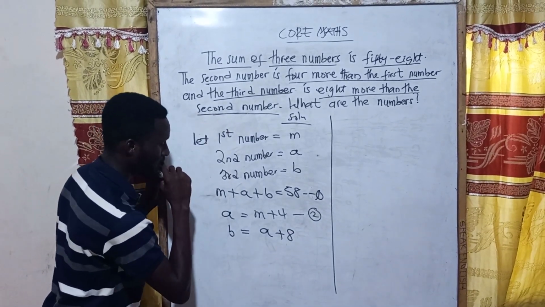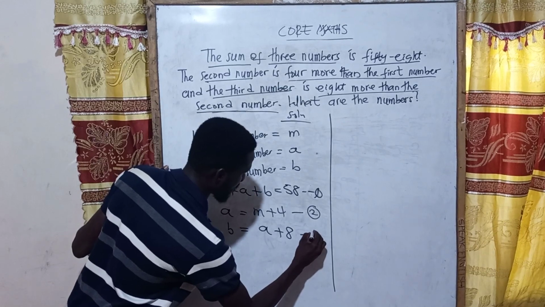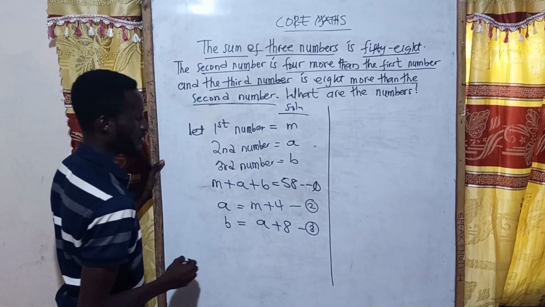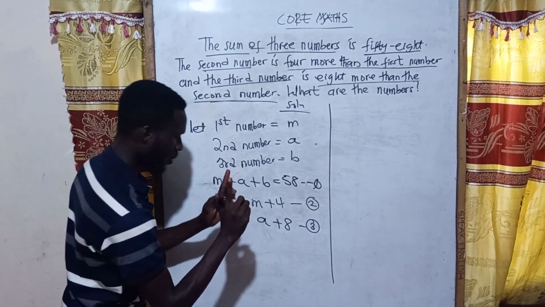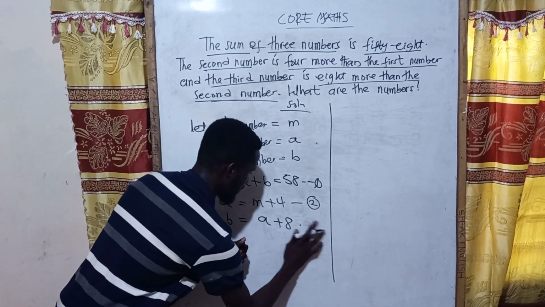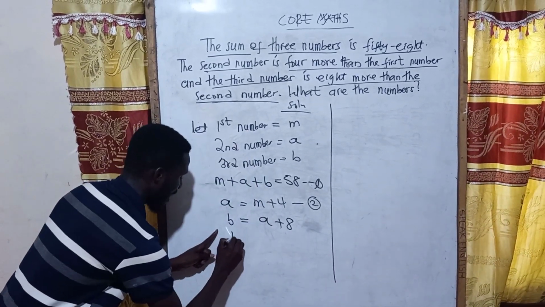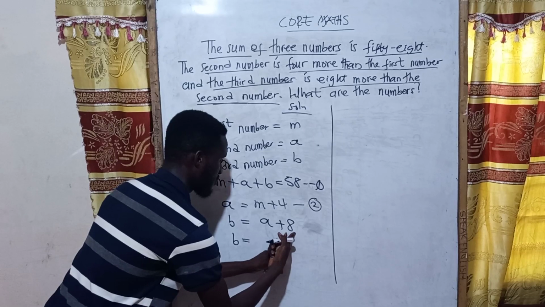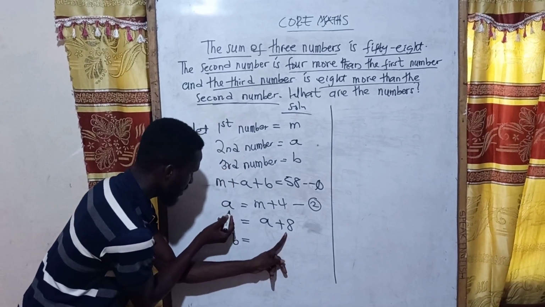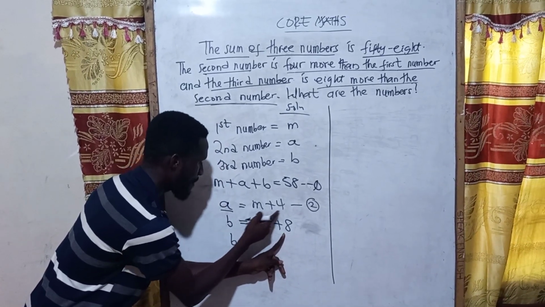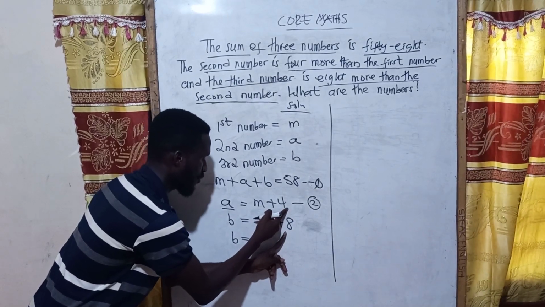Now, let me label this one as equation 3. All being the same, I have B is equal to A plus 8. But I know that A is equal to M plus 4.